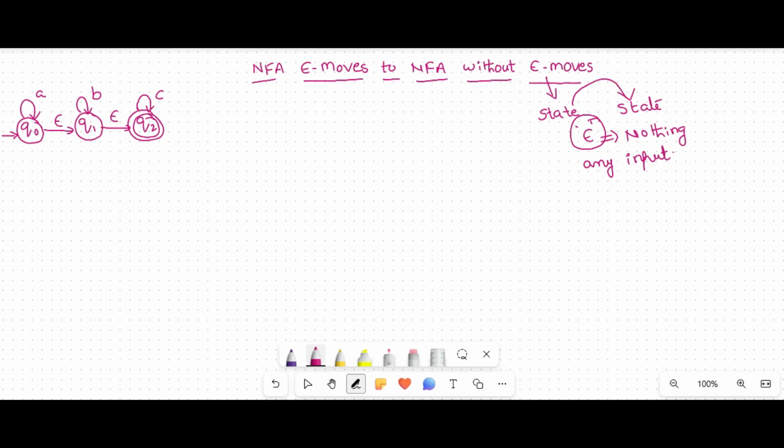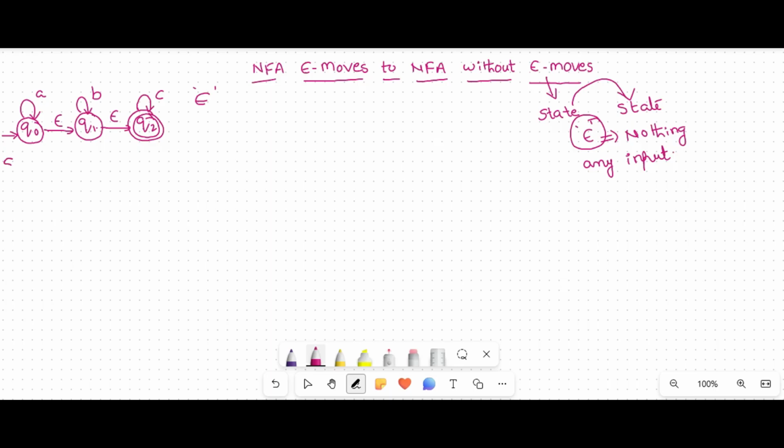Without processing any input symbol, with epsilon move you can reach here. So the minimum string is epsilon. Next, you can have any number of A's, B's and C's. Now this is the finite automata, NFA with epsilon moves.